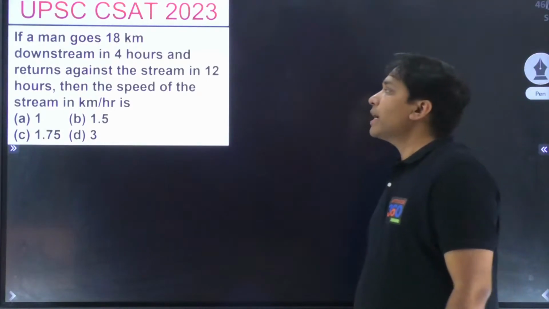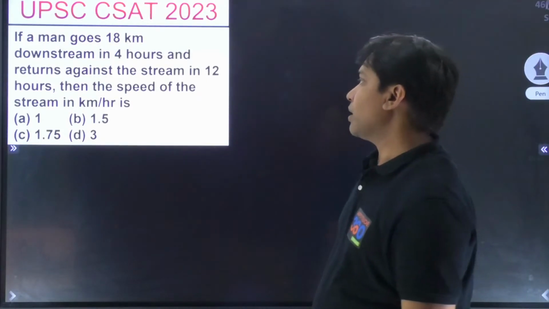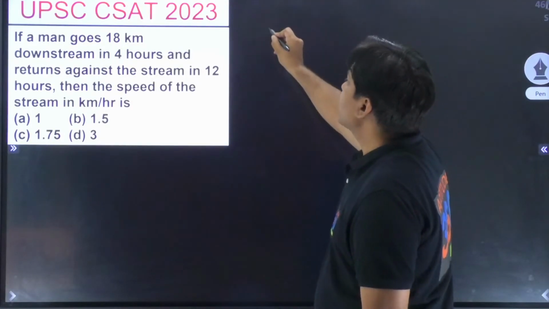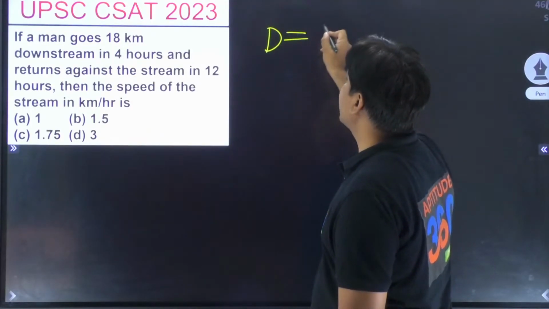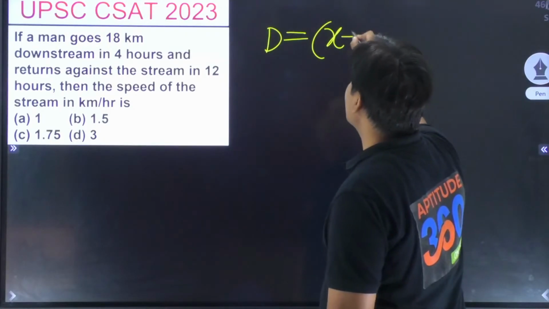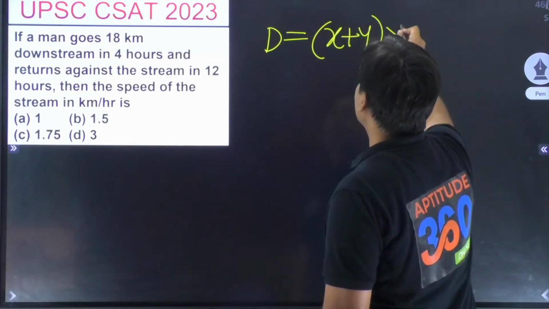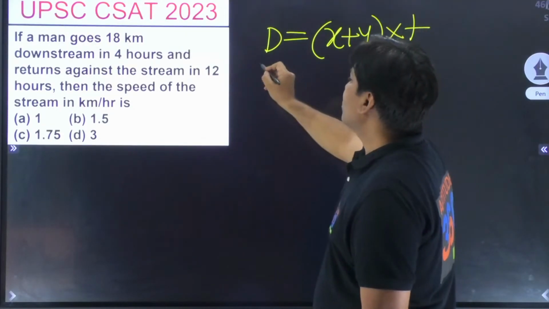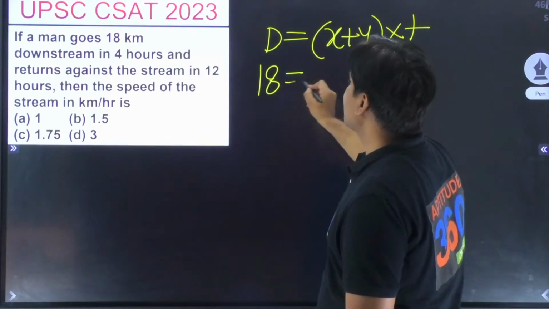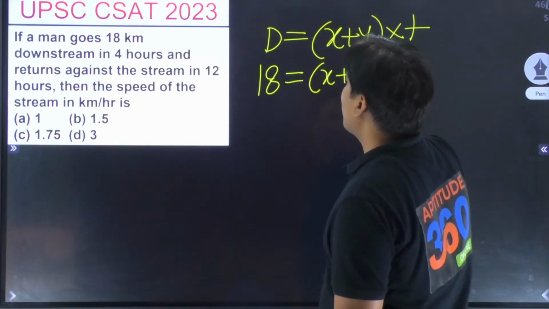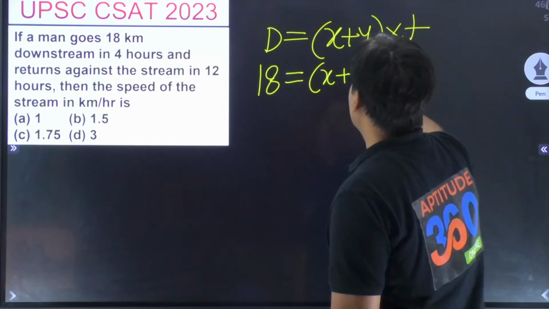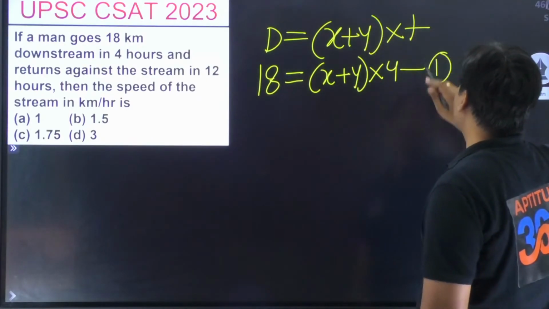If a man goes 18 kilometers downstream in 4 hours, so distance is equal to speed times time. What is the speed that we have taken downstream? x plus y into time. So 18 kilometers is x plus y into 4. That is your equation number 1.